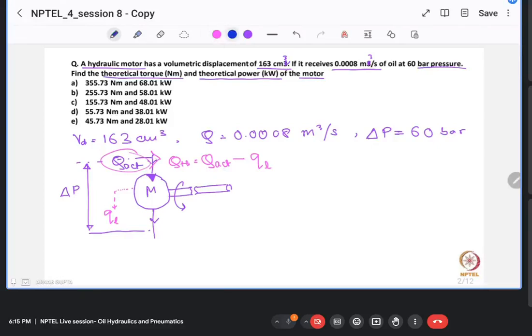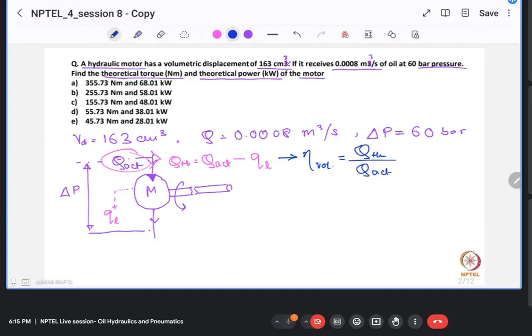Now, if you look at the output, here what efficiency comes into the picture? It's the volumetric efficiency. Your volumetric efficiency is nothing but your Q theoretical, which is the smaller quantity, divided by the Q actual that is actually coming into the motor.